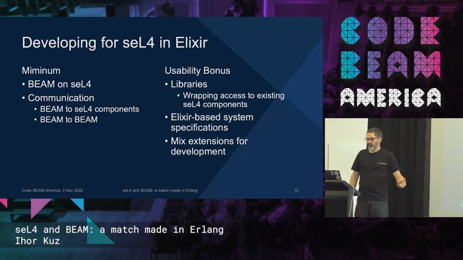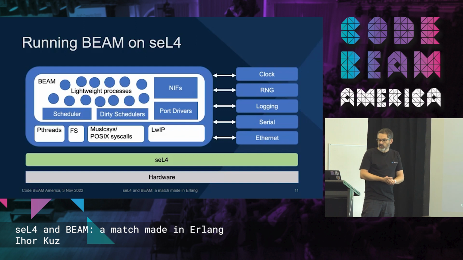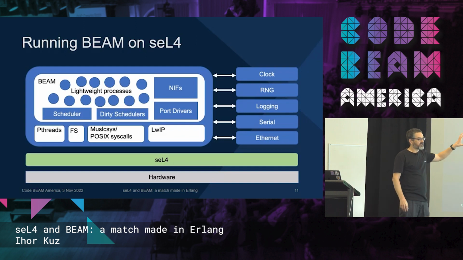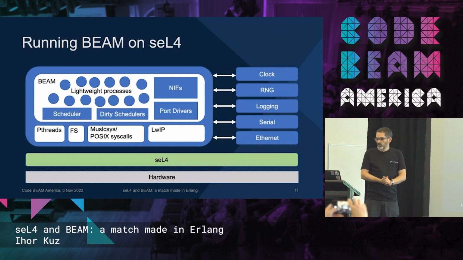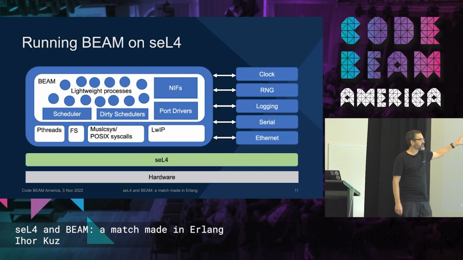So how Beam on seL4 and the communication. So running Beam on seL4, I'll be brief about this because my colleague Kent is going to talk a lot more about this tomorrow. Basically, we've got Beam running as a single seL4 process.